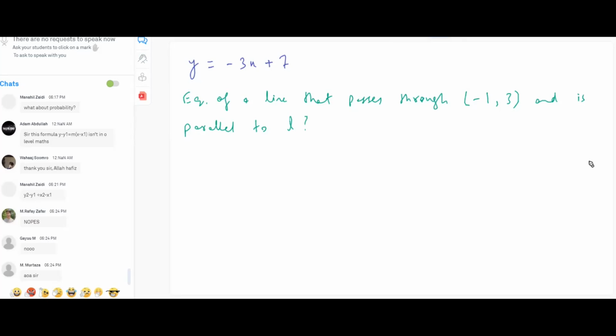This is the line L. So we want to find the equation of a line that passes through -1 and 3 and is parallel to the line L. How do we do this?